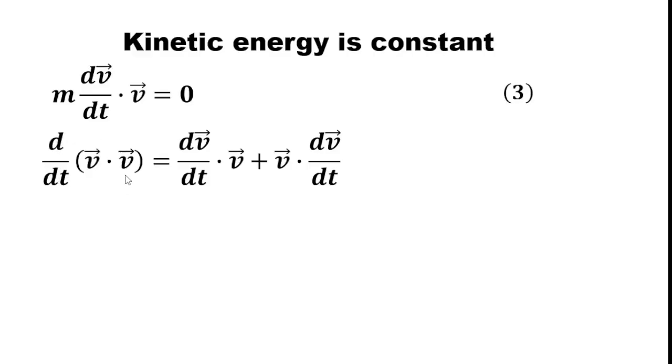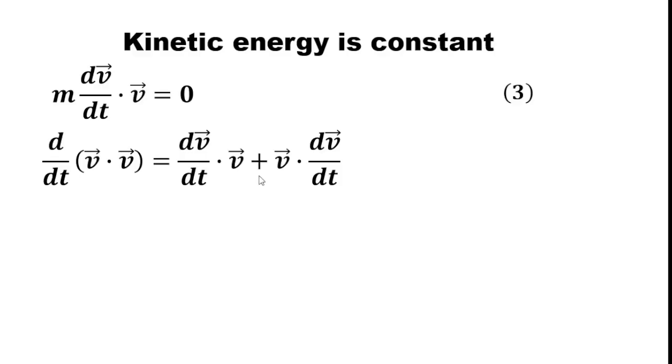The differentiation of v dot v is equal to the time derivative of v dot v plus v dot the time derivative of v. We have used the product rule of differentiation.